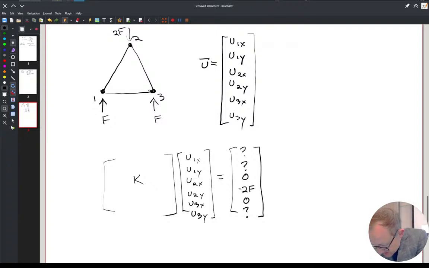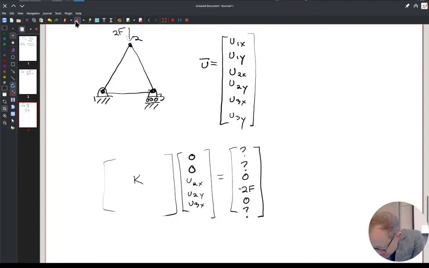So this one goes away, that goes away. I'll put 1 on a fixed hinge and then 3 on a roller hinge. So that now these become 0 and 0.